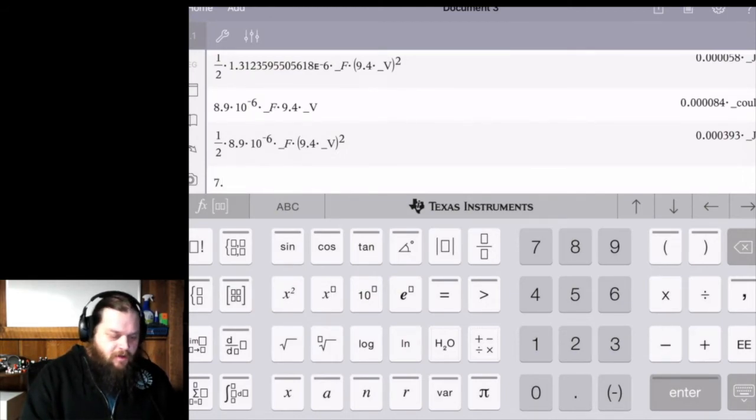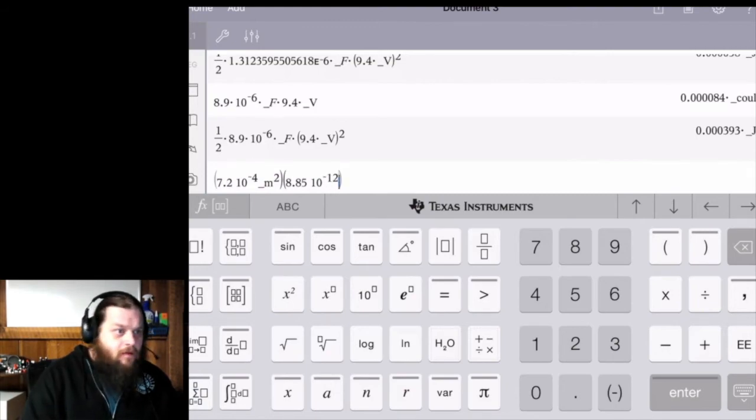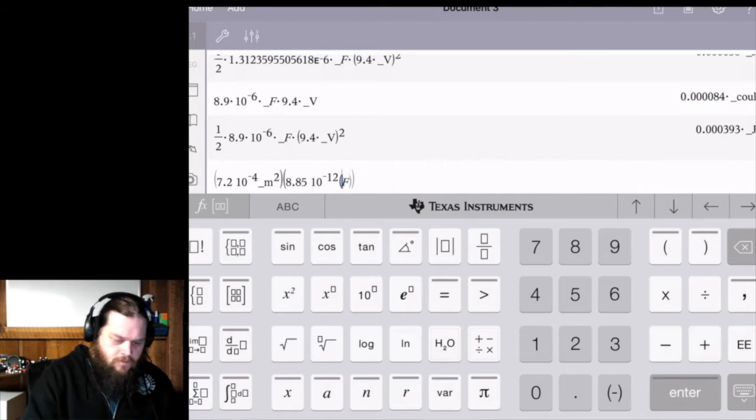That's 7.2 times 10 to the negative 4 in meters squared. And that was 8.85 times 10 to the negative 12 farad per meter.